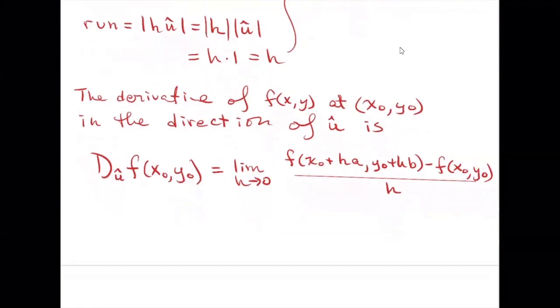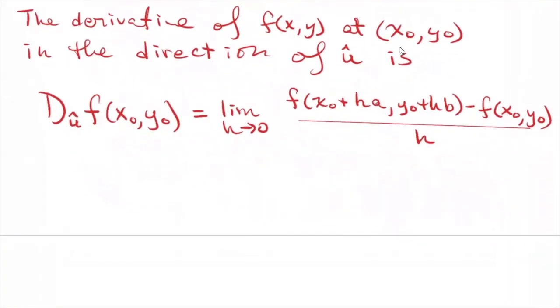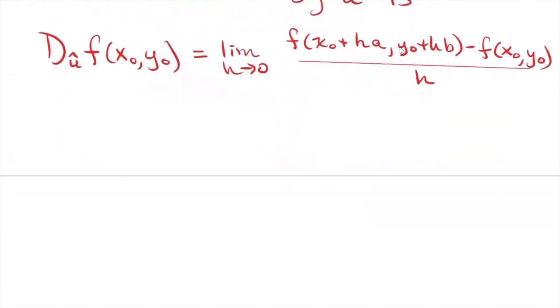So that's not something you can use to make computations. That's just going to be too hard to work with. This is an ugly derivative, and it's a derivative in a certain direction, where u is the vector a, b, and the magnitude of u is 1.